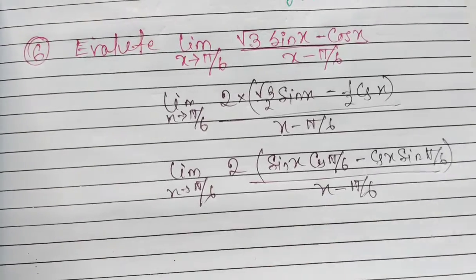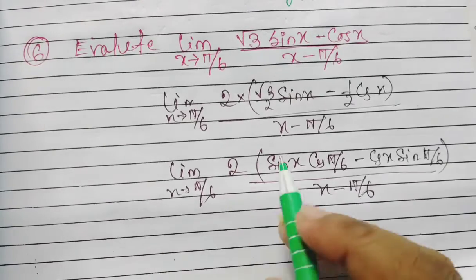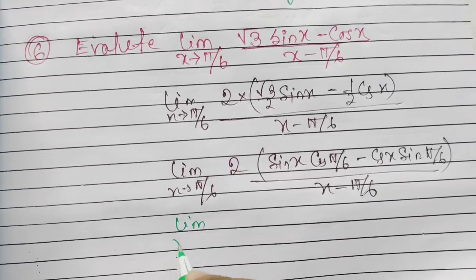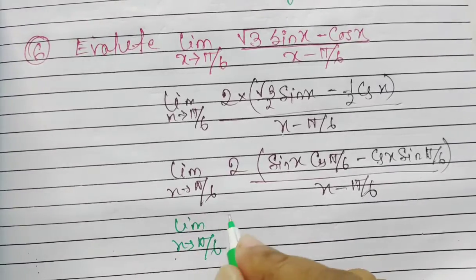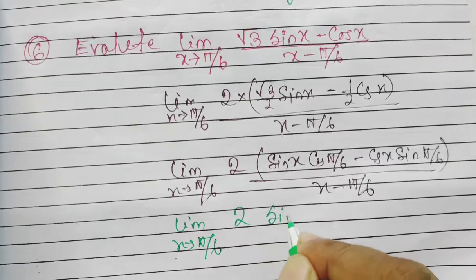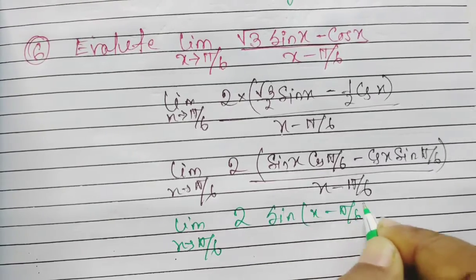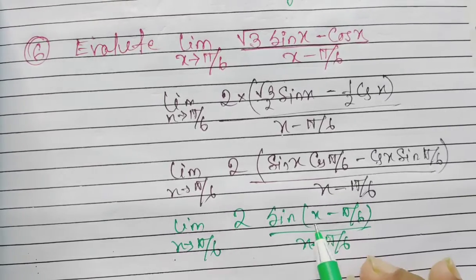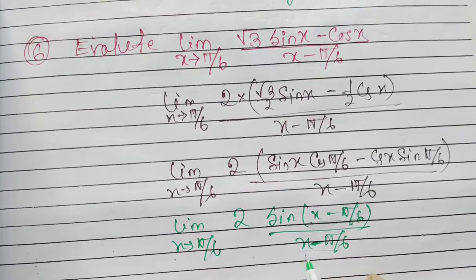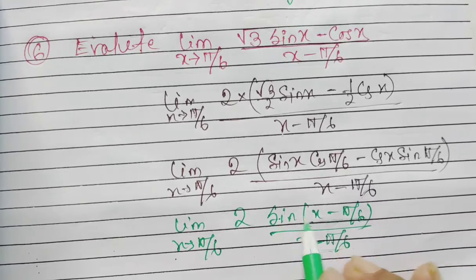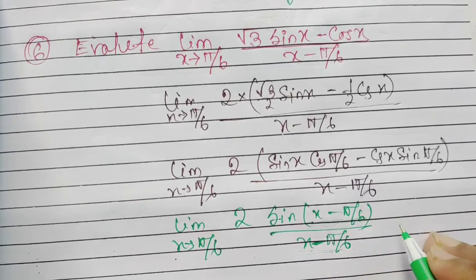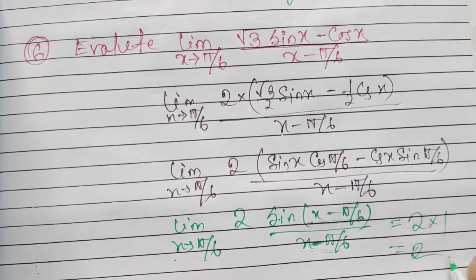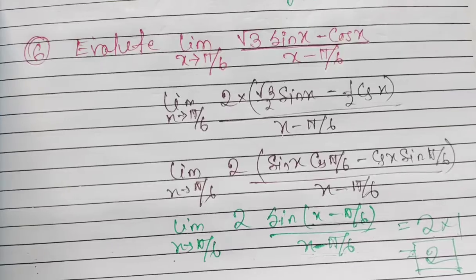So this is the formula of sin a cos b minus cos a sin b, that means sin (a minus b). So limit x tends to pi by 6 of 2 into sin (x minus pi by 6) by (x minus pi by 6). Now just check that this and this are the same, so it is like sin x by x, so this value will be 1. So 2 into 1, that means only 2. So our answer will be 2.